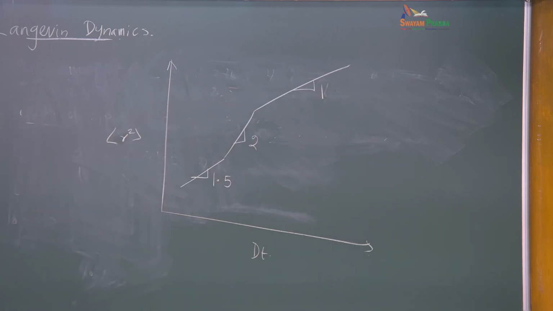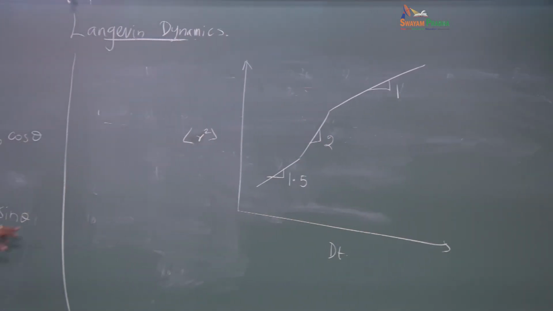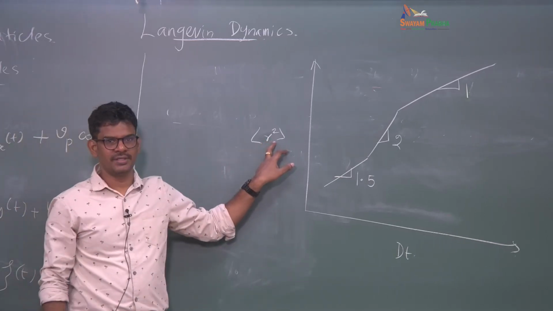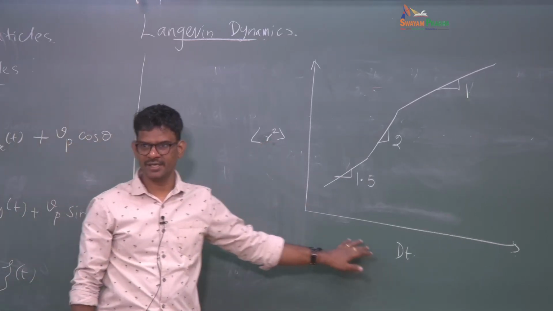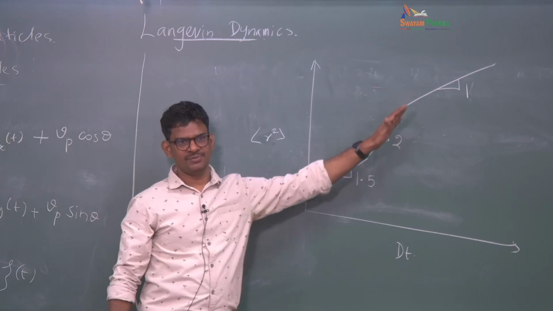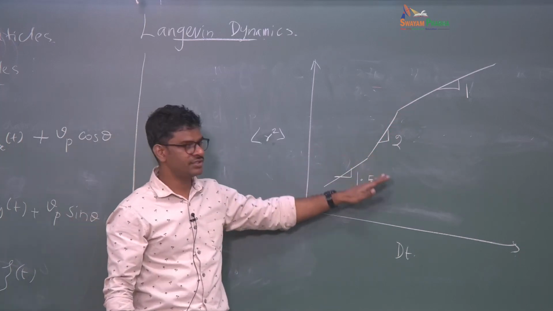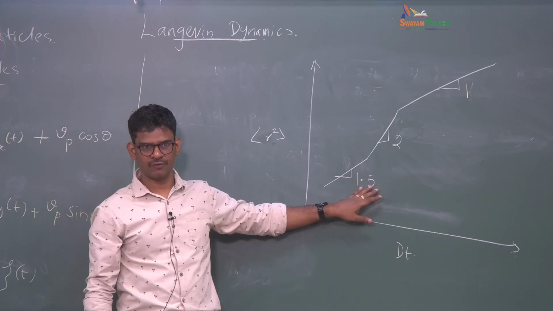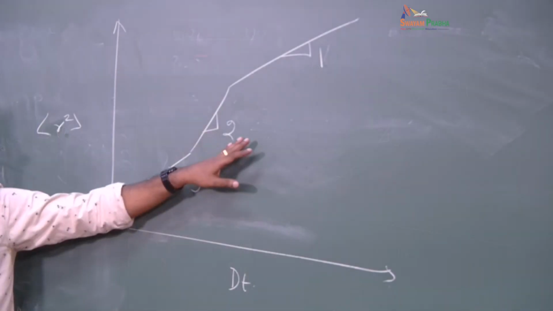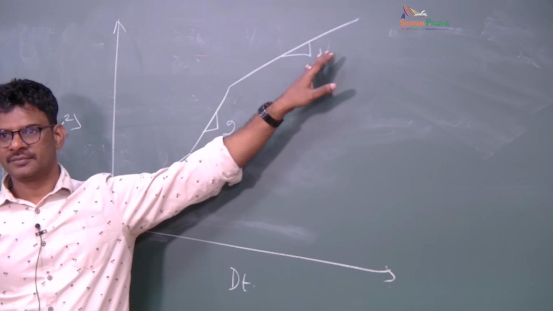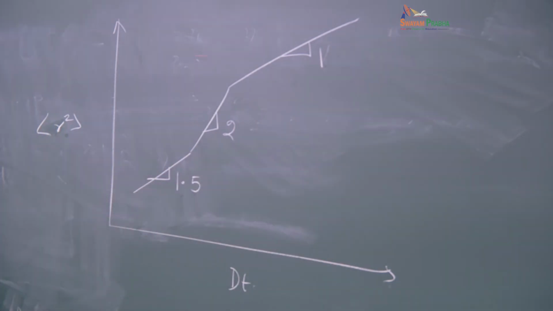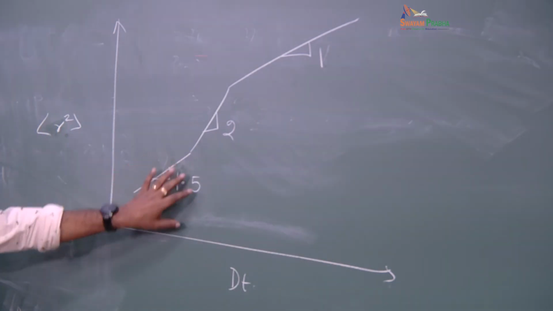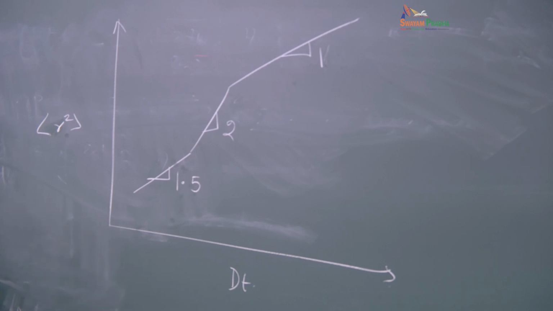This particular problem has an analytical solution, and if you calculate the mean square displacement as a function of time in log scale, you will see 3 different regimes. There is one regime which is called super diffusive with a slope of 1.5, then there is a ballistic and then there is a diffusive regime. So this extra feature here comes in because of the fact that we have added self propulsion here.